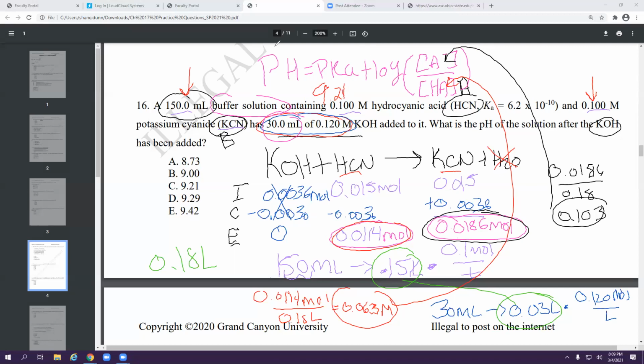Round up, it's 9.21, plus the log of 0.103 divided by 0.063. I got plus 0.21. These things add together give you what? The answer is E. Is that making sense? Yes or no? What's up?